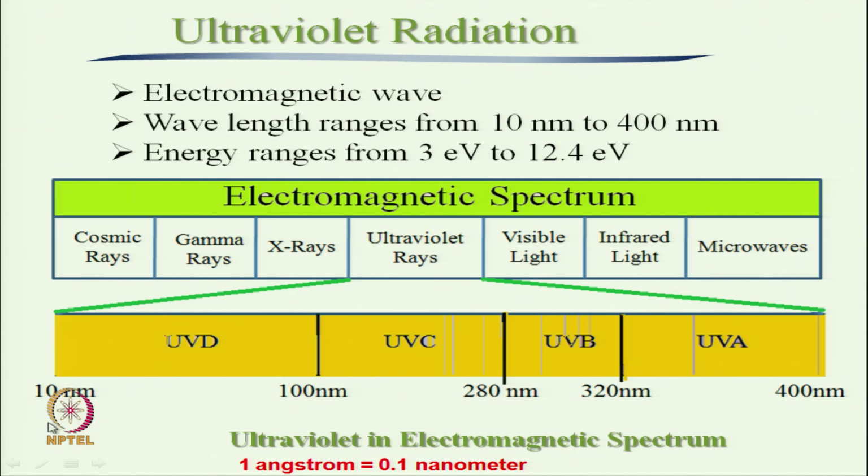So, UV ray can be divided into 4 categories, again depending on the wavelengths: from 10 nanometer to 100 nanometer, it is called UVD, then 100 to 280 nanometer UVC, 280 to 320 UVB, and 320 to 400 it is UVA ray.